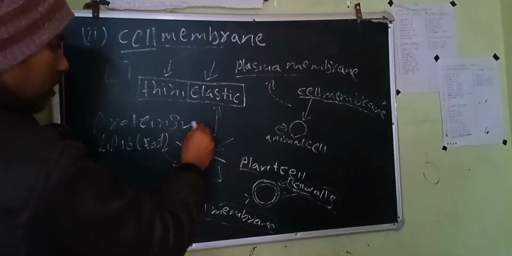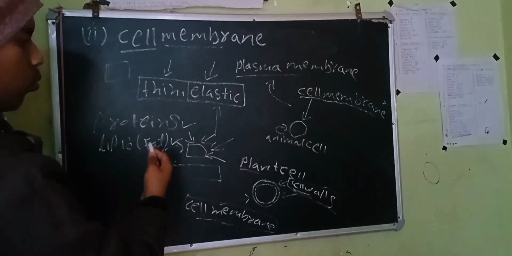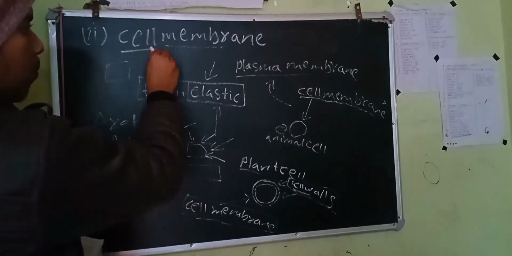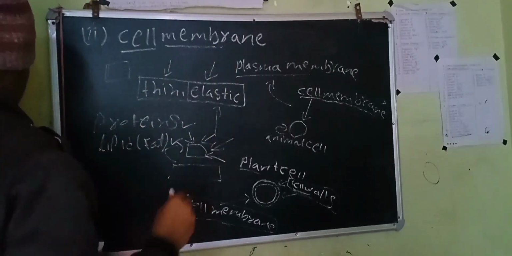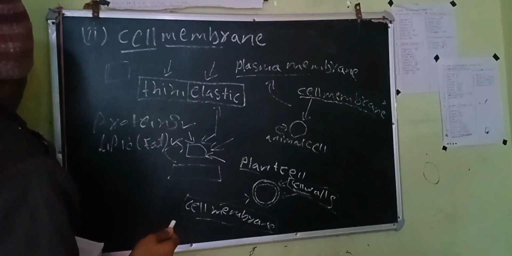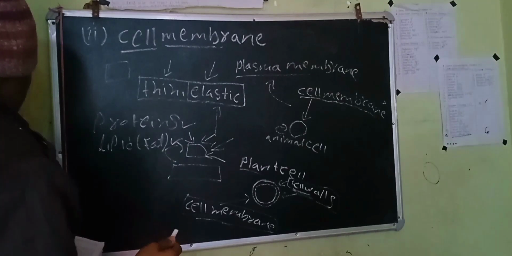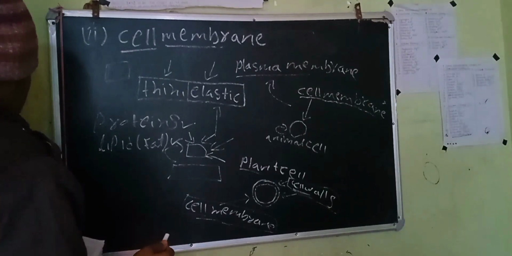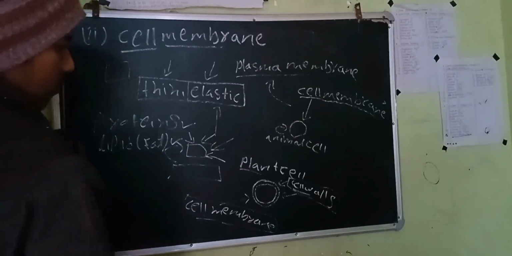So proteins and liquid, which is fat, are the main things that the cell membrane is formed from. It encloses protoplasm and gives a shape to the cell, right?